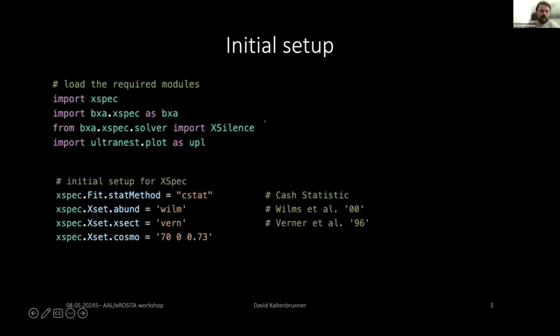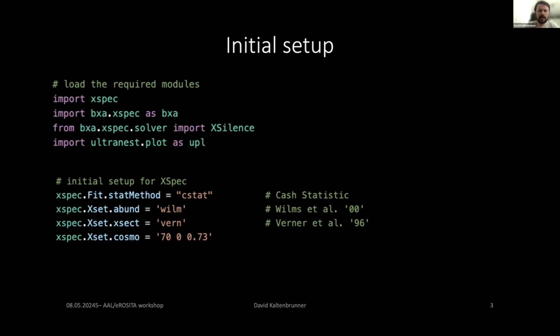Then next, what we do is the XSpec initial setup. So there are some parameters in XSpec that we want to set in order to then have the models interpreted the way that we want them to be. The first one that already was mentioned by Pietro and Sophie is that we want to use the cash statistics, so the CStat.